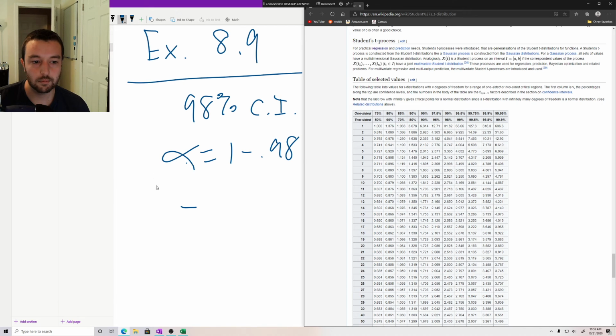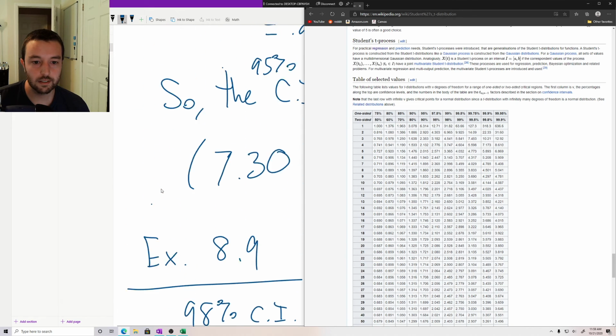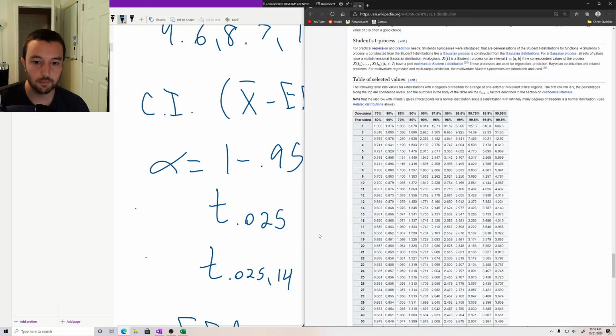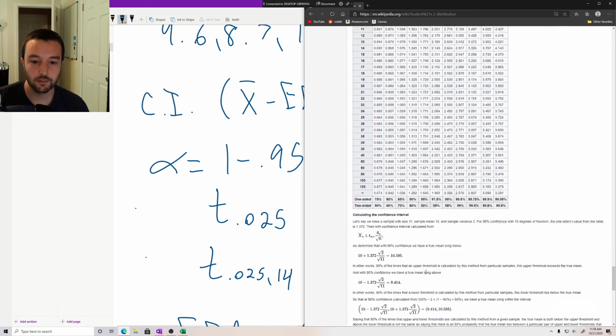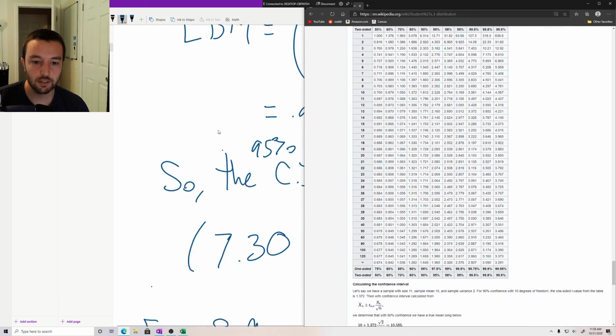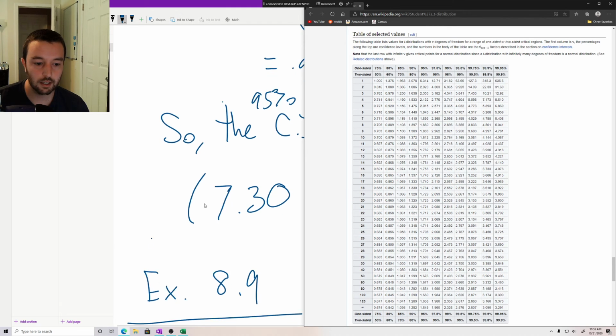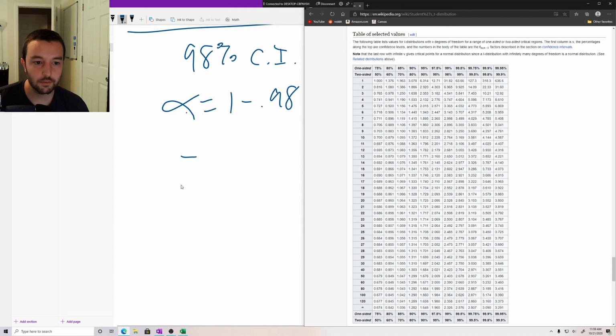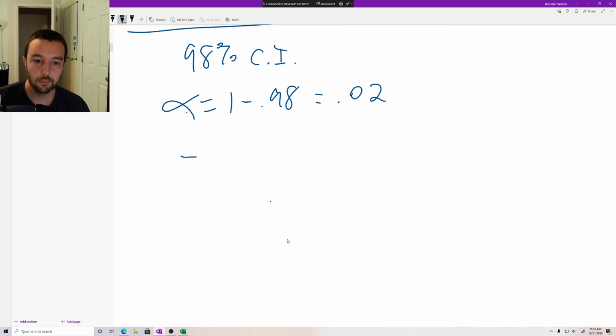Okay. Like when we did the 95% and we did it back to 0.025, it was just kind of a roundabout way of doing it. It was more relevant with the Z table, but here it's not really so important. You can really just look for the 98%. But just for the sake of using the book's notation here, we're doing 0.02 divided by 2, which would be 0.01, right?